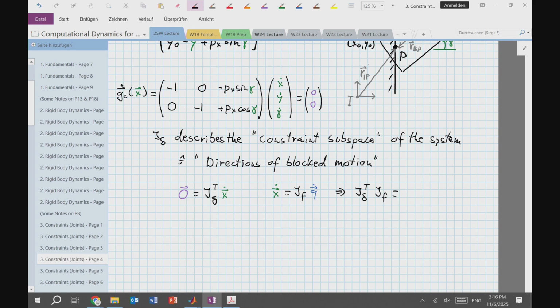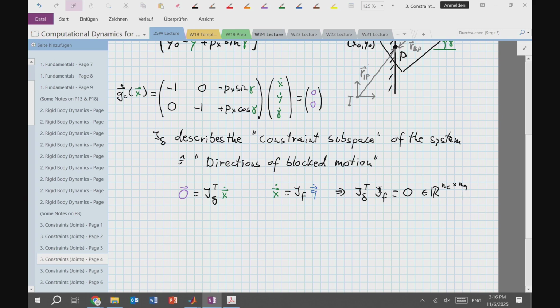JG times JF. Well, if I compute JG transpose times JF and multiply it with some arbitrary Q, I would always get 0. So JG transpose times JF should be a matrix of zeros, in this case a matrix of dimension NC cross NQ.